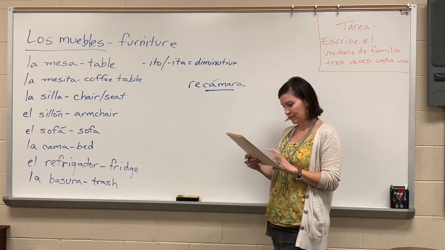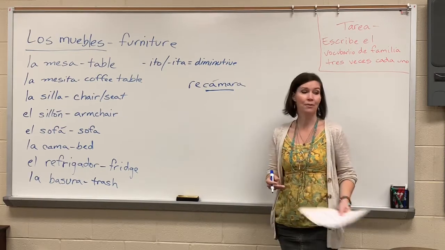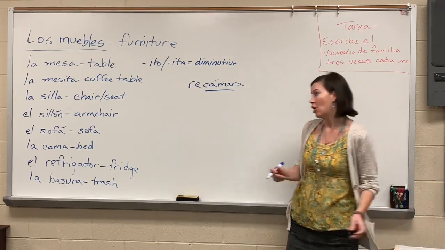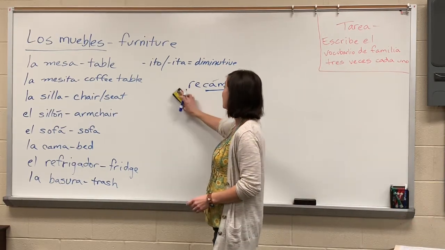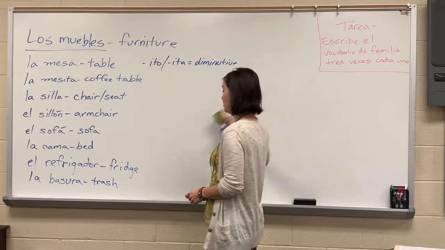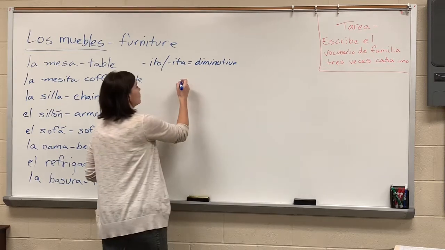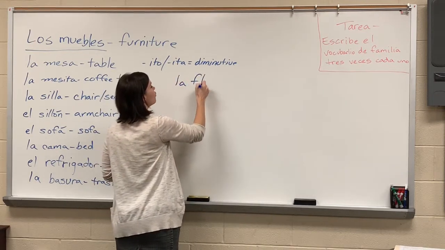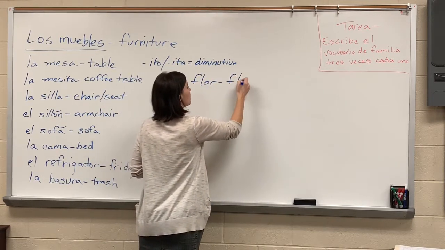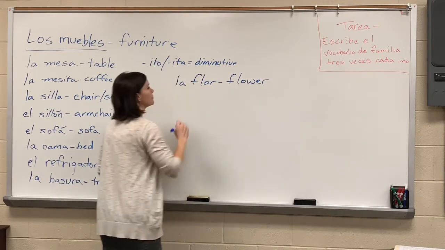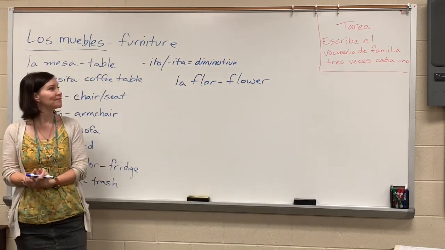All right, let's see what else I'm missing. Oh, I know. For our jardín, a jardín is going to be pretty boring without flores. So what are flores? Flowers, okay? So la flor would be flower. La flor, flower.